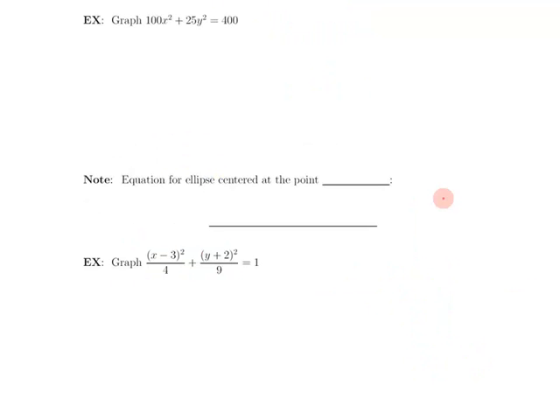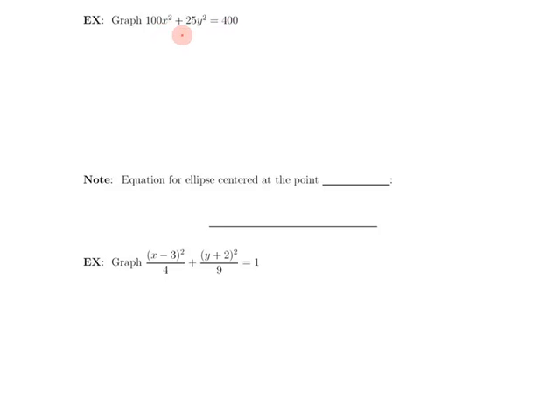Now consider what happens if, for example, the right hand side is not 1. I still have an x squared and a y squared, and they're added together. That's a key for this to be an ellipse, but the right hand side is not equal to 1. So how might I get that equal to 1? The easiest way is to divide by whatever number it is. Divide that by itself and you'll get 1. But if I divide on one side, I have to divide on the other.